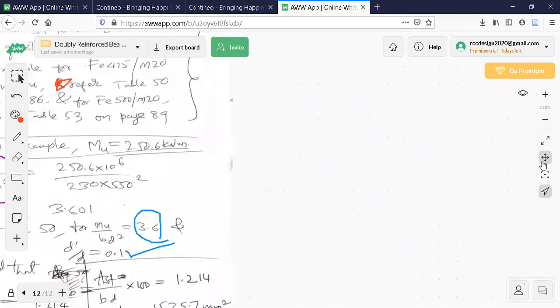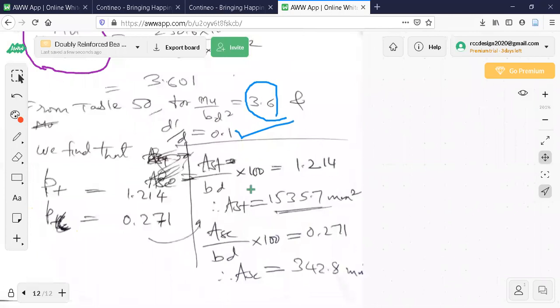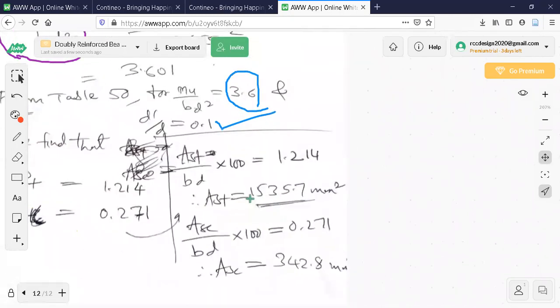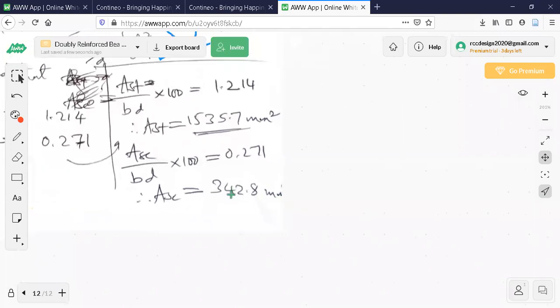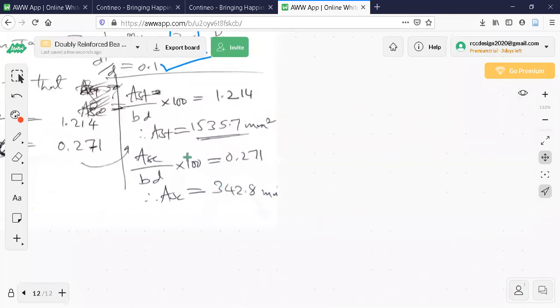Now you can see this. This is very close to the value which was calculated using the formula. This is also very close to the value. Now from this, once you calculate Ast, directly you can decide 20 mm and how many bars I can provide, or 16 mm and how many bars I can provide.